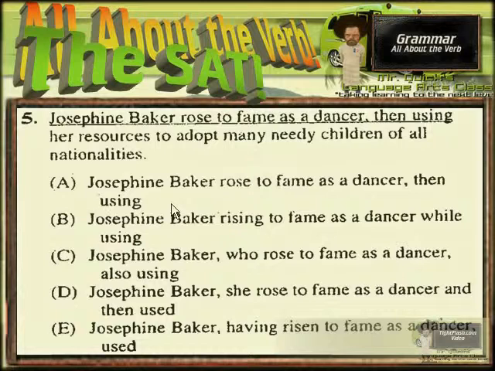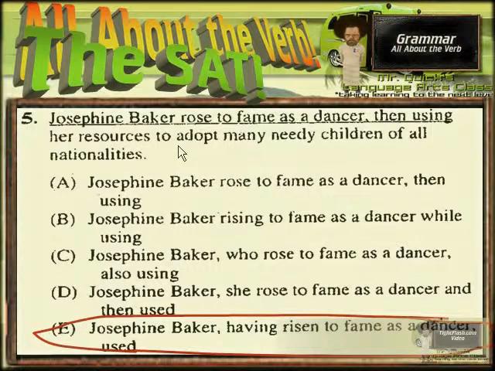We decided to get rid of the gerund and turn it into a verb. I think we're going to have to go with E because it sounds the least awkward of the others. If I'm a betting man, I would bet on E, and I guess I won. Give me my money.